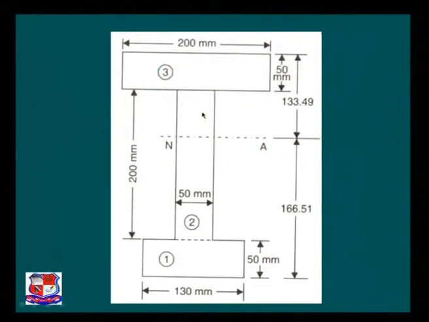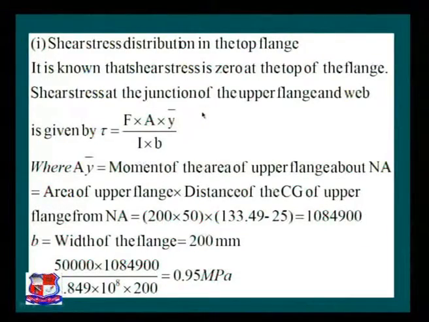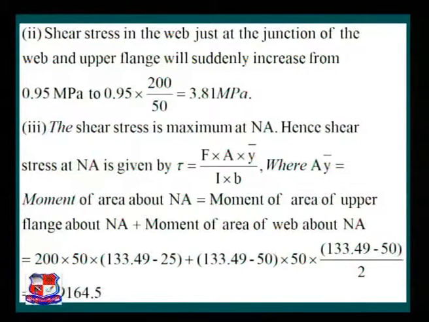So please note down that the shear stress in the web just at the junction of the web and the upper flange suddenly increases from 0.95 megapascal to 0.95 multiplied by 200 divided by 50.